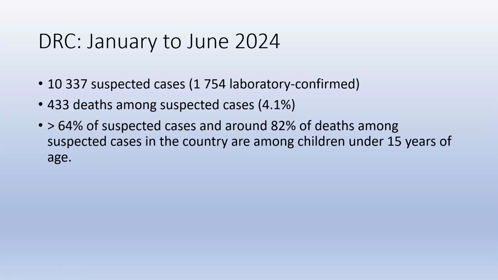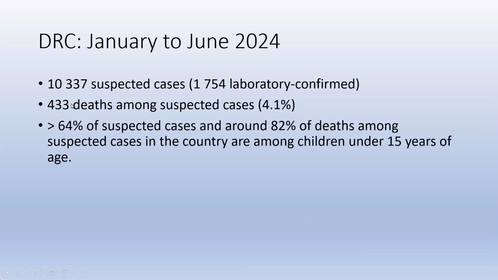I was just looking up the recent data on what is happening in DRC from January to June, because this is more important to us as we face pretty much the same.